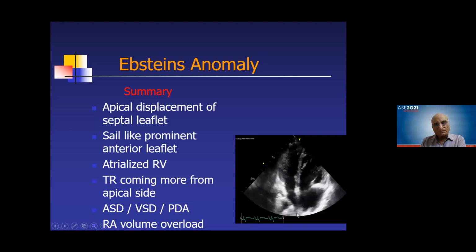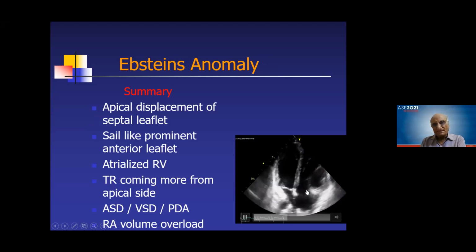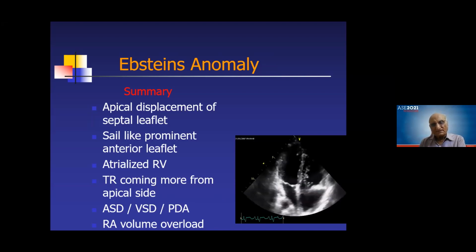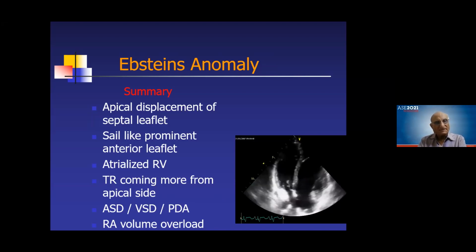And as we showed you, there can be an ASD, PFO, or a PDA, and various RA volume overloads because of the tricuspid regurgitation. So these are the main anatomical features of this. Once, in the same batch, we showed you a case of a pericardial disorder, there was a pericardial effusion with a marked RV enlargement, and it turned out to be an Ebstein's anomaly.